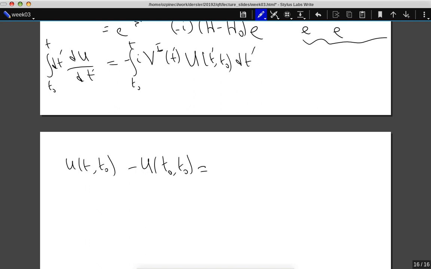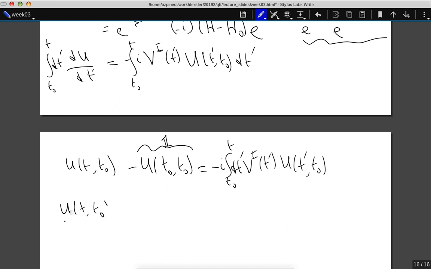This should be equal to minus i times the integral from t0 to t of vi(t prime) u(t prime, t0) dt prime. But we know the boundary condition, u(t0, t0) is just 1. So u(t, t0) is equal to 1 minus i times the integral from t0 to t dt prime of vi(t prime) u(t prime, t0).